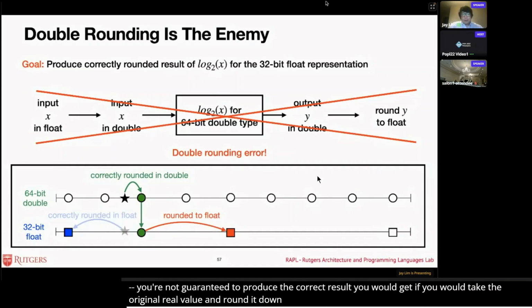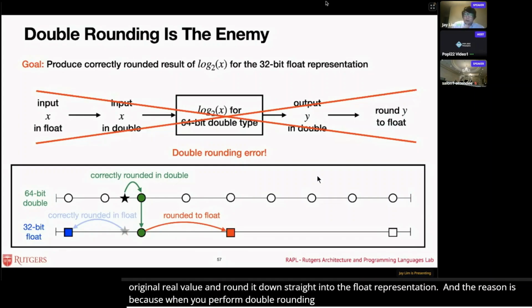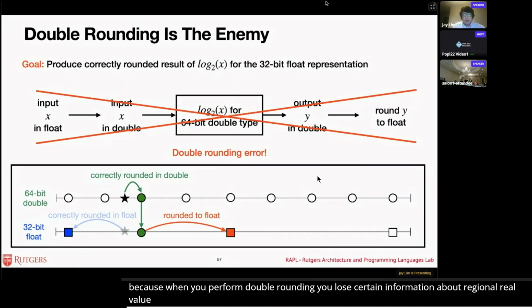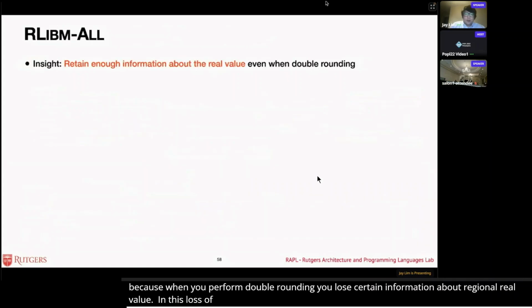The reason is that when you perform double rounding, you lose certain information about the original real value. And this loss of information causes double rounding to produce wrong results. So our goal then is to retain this information even when you perform double rounding.